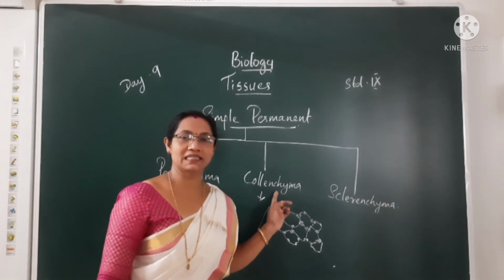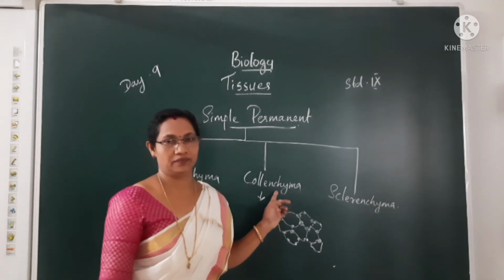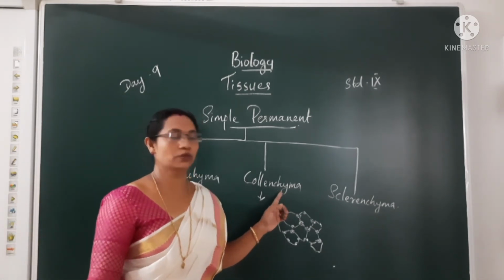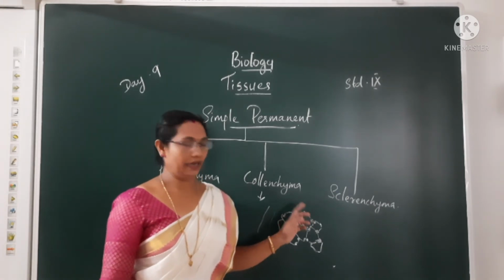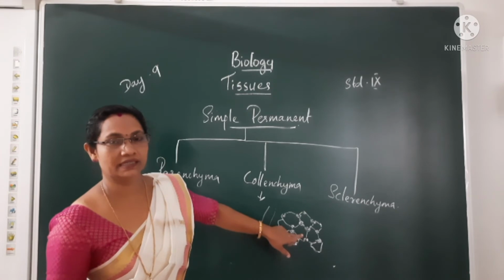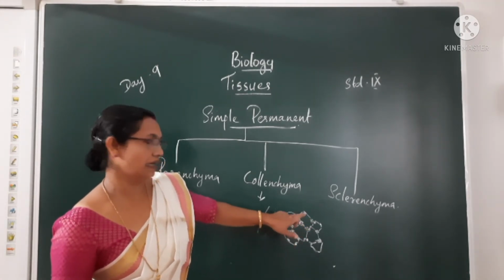Collenchyma cells help the plant to provide flexibility. They can bend without breaking. And the cells are elongated cells and their cell wall is irregularly thickened at the corners.